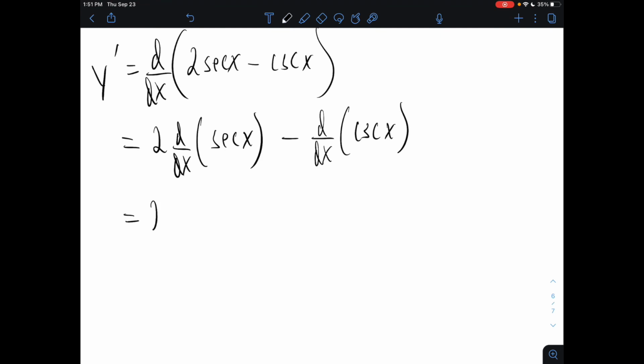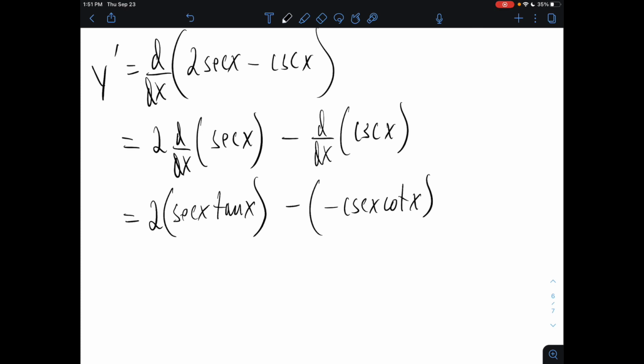So this becomes 2 times secant x tangent x minus negative cosecant x cotangent x, which gives us 2 secant x tangent x plus cosecant x cotangent x.